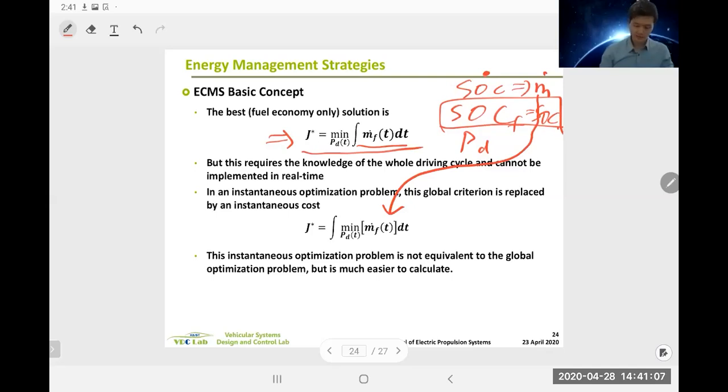That's the main idea. So now this minimization is inside of the integral, so we can optimize at every instant.